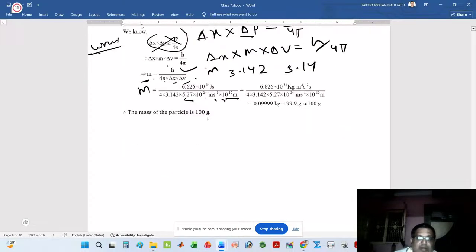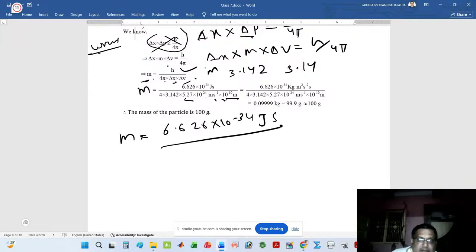Actually, as per the formula, the value of mass is equal to h, which means 6.626 into 10 to the minus 34 joule second, divided by 4 pi, which means 3.142, into del x. Del x is how much?